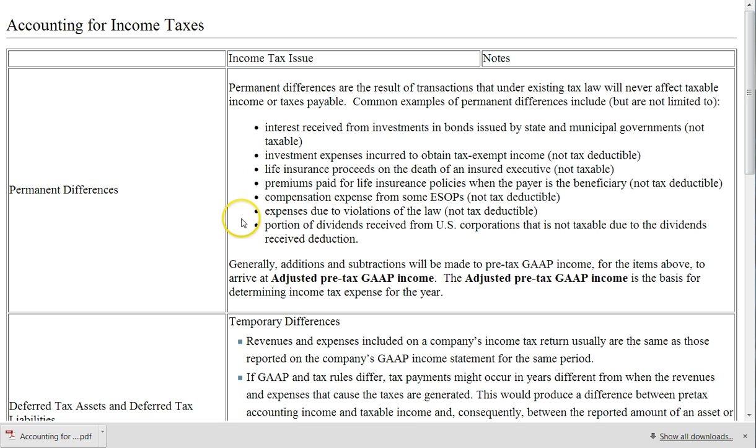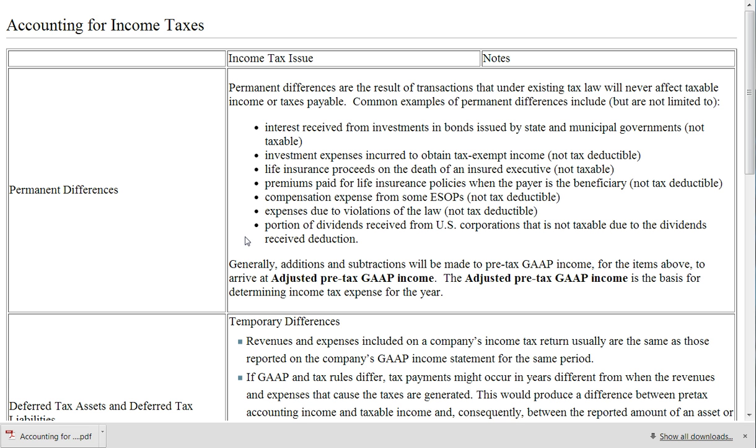And then there are some other less common areas where there could be some permanent differences. And these are, again, differences between revenue and expense recognition that are expected to remain forever. There is no expectation that the federal government will ever tax municipal bond income.